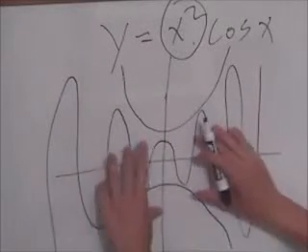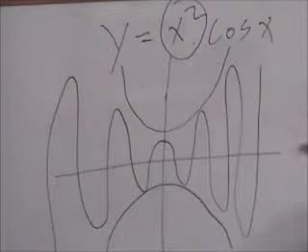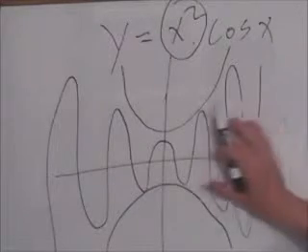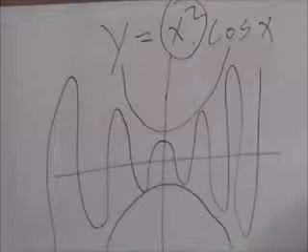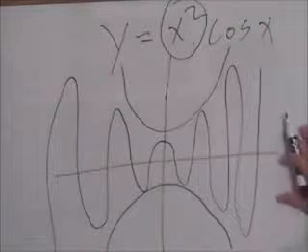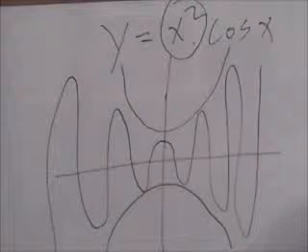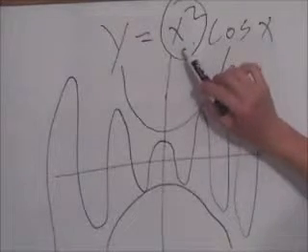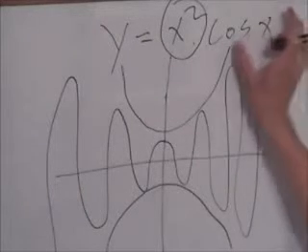And you can see that as you get closer and closer to 0, the function y equals x squared cosine x, the y value for it, gets progressively smaller and smaller, and it goes increasingly large as you go to positive infinity or negative infinity. But always the key in looking for damped oscillation is whether there is a variable in the coefficient of the cosine or sine part of the function.